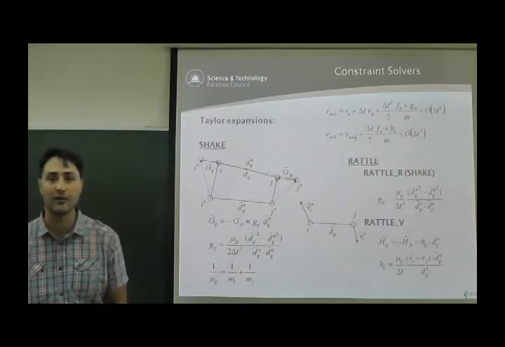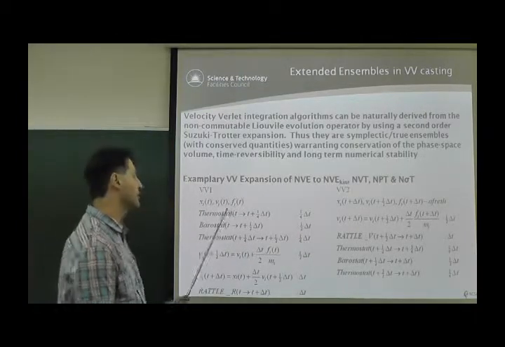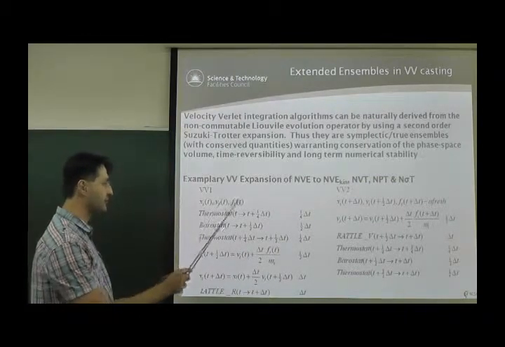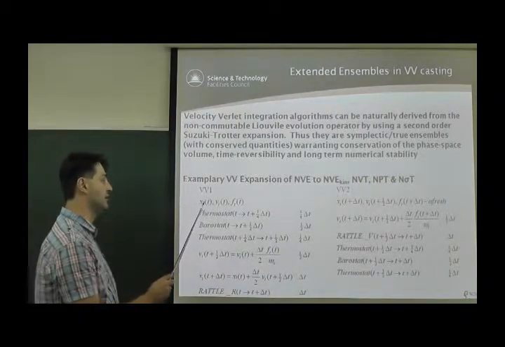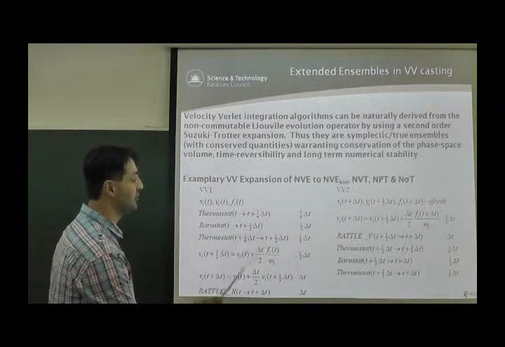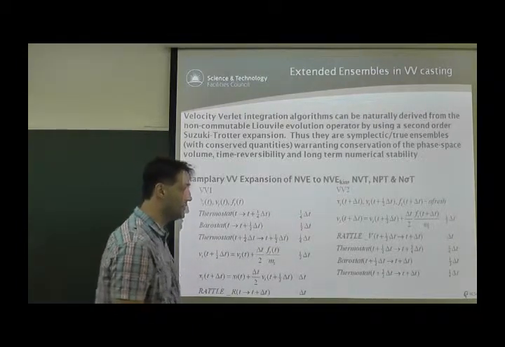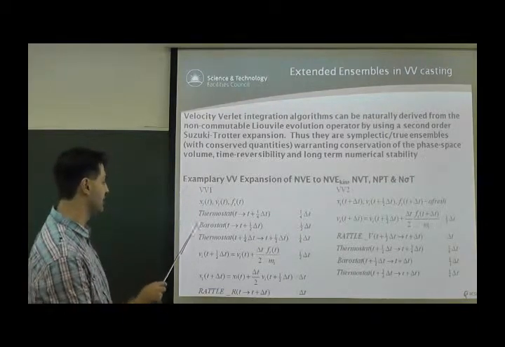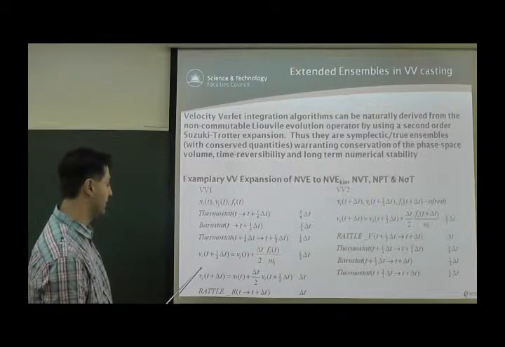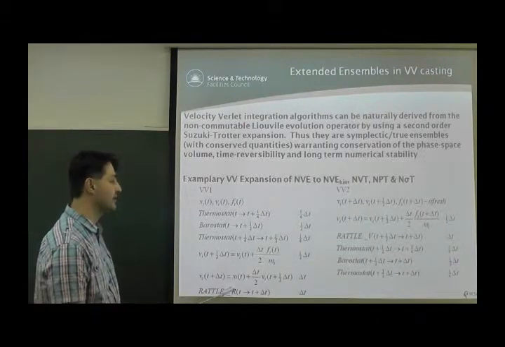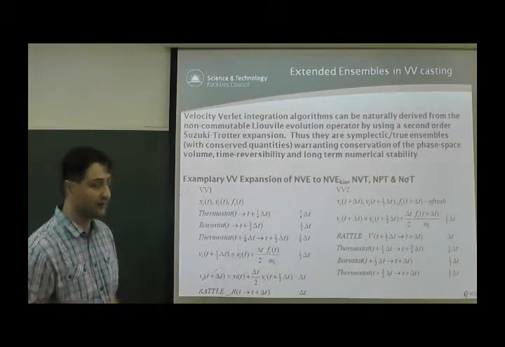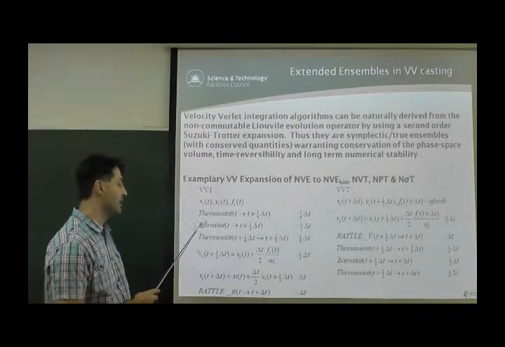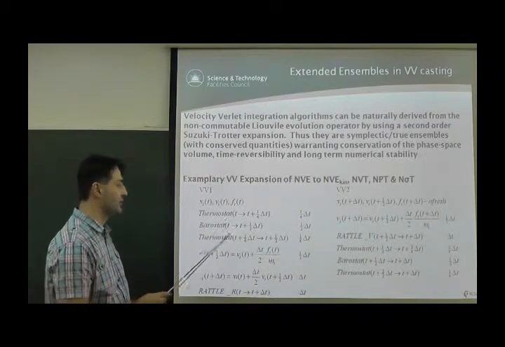So these two parts are now demonstrated on this slide. So we have the first part and the second part, starting from moment in time t and moving to moment in time t plus delta t. And in the first part, if we remove the thermostat and barostat and of course rattle, we arrive at the same equation as shown a few slides back. If we include the thermostat, then we don't have a barostat, so these two will collapse as well.